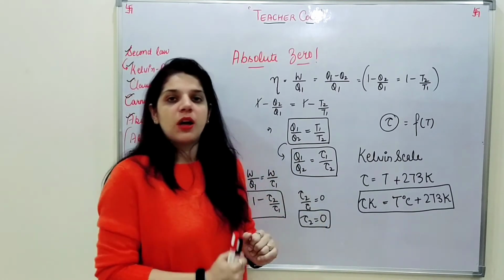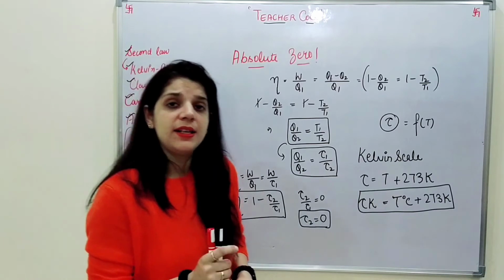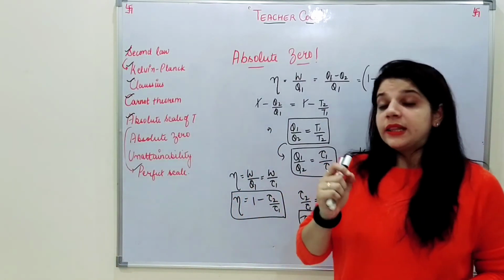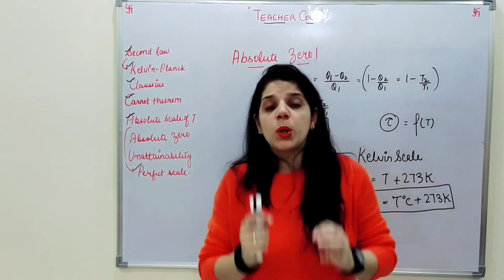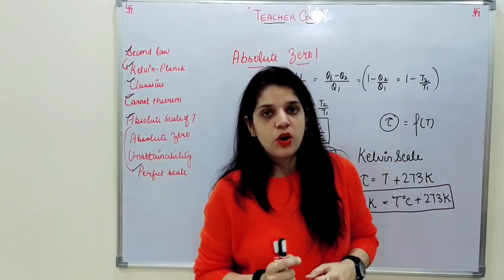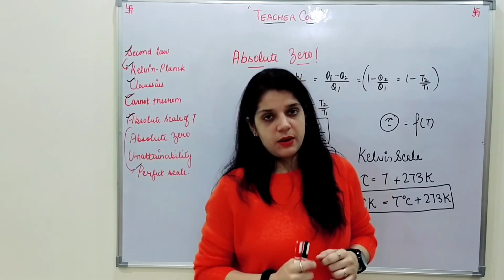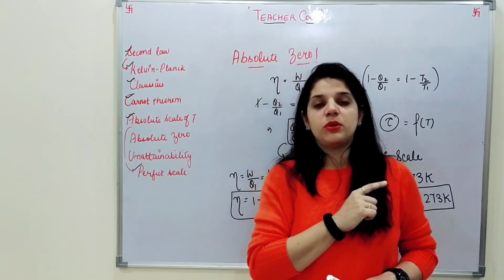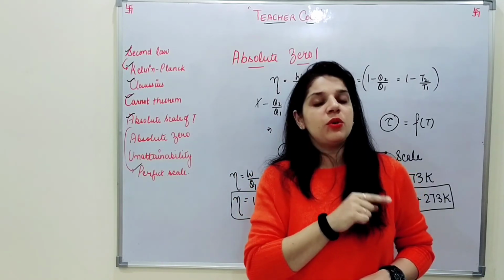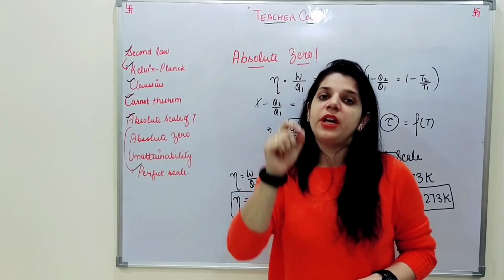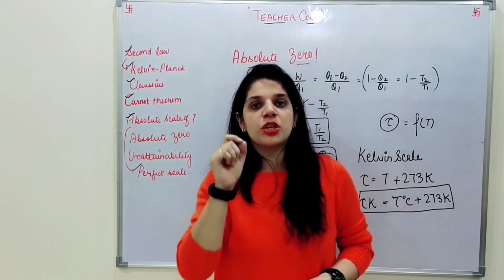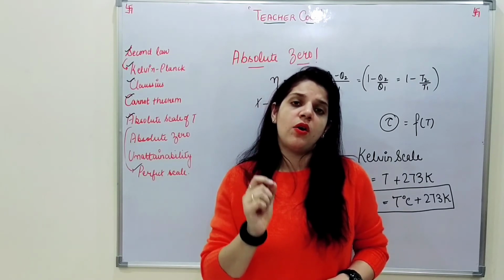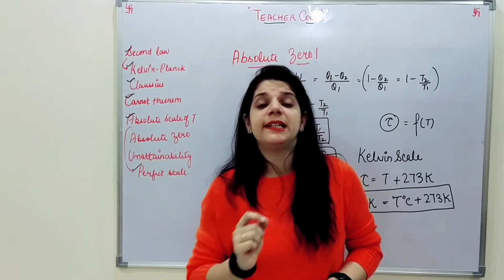Now, why can it not come to 0? Because the absolute zero temperature is the coldest temperature we can think of, and it is not attainable. Why? Because as you start approaching the absolute zero, every movement, every motion, every vibration, every kind of kinetic energy tends to zero.